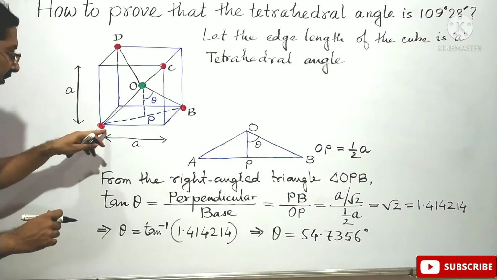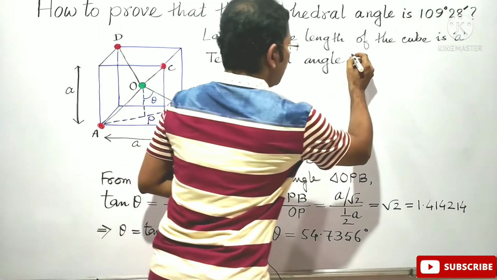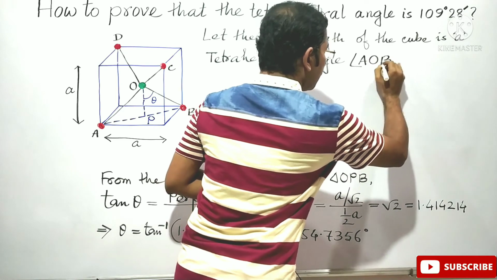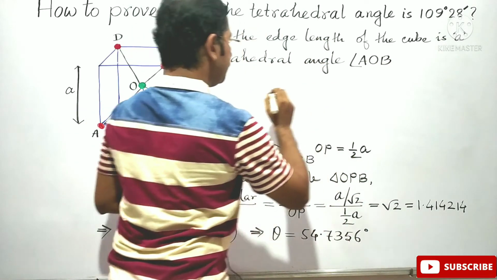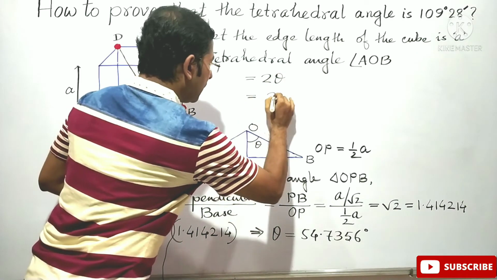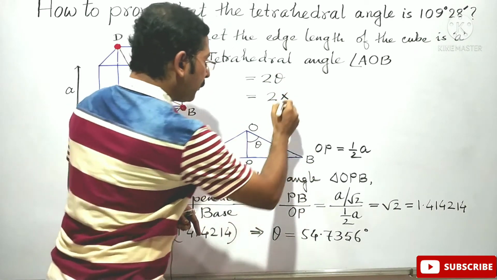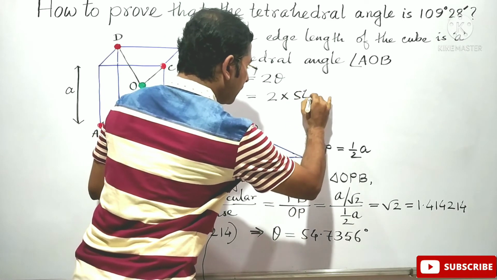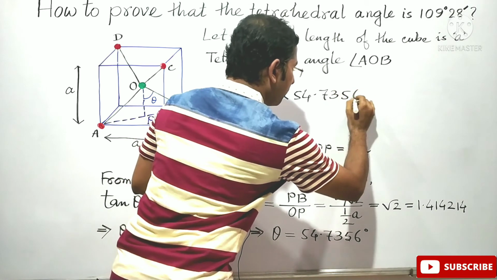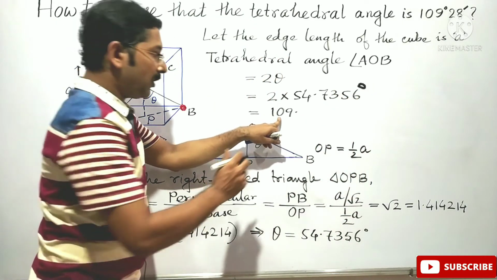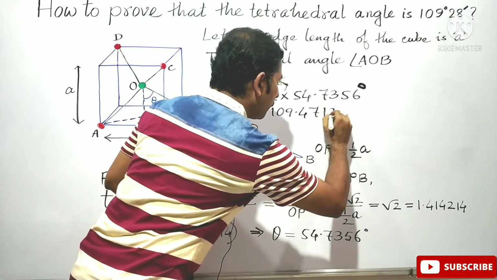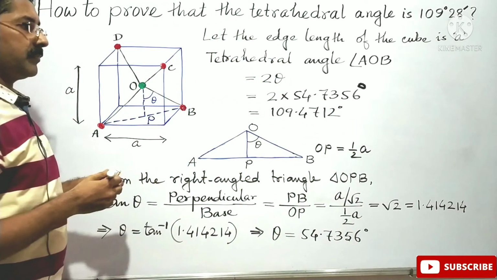So now the tetrahedral angle AOB will be equal to 2 theta. This is 2 into 54.7356, which gives us 109.4712 degree.